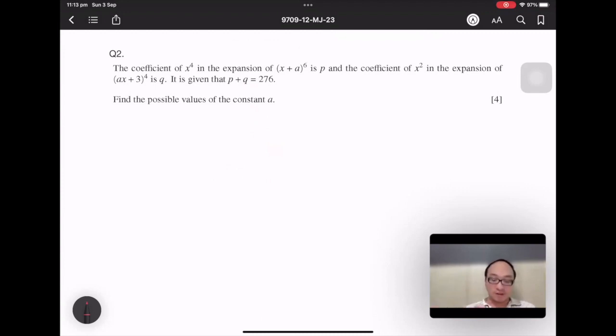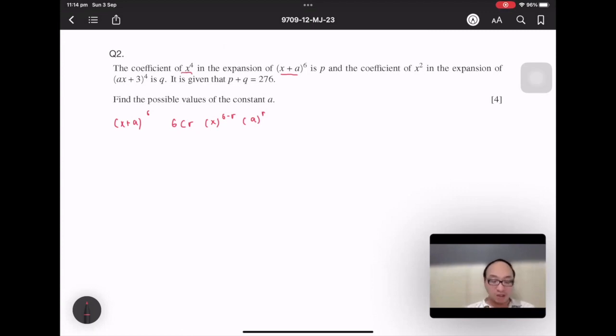So the expansion of (x + a)^6 has a general formula of 6Cr x to the power of 6 minus r and a to the power of r. The first one says the coefficient of x^4.